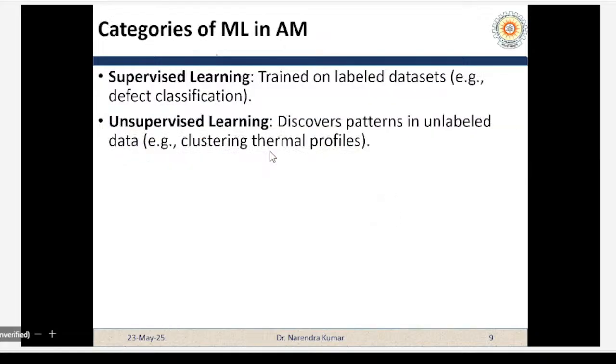Now, what are the different categories of machine learning? There are two categories. One is supervised learning and the second is unsupervised learning. In supervised learning, the algorithm learns from labeled data. Labeled data means here we provide both the input and the correct output.